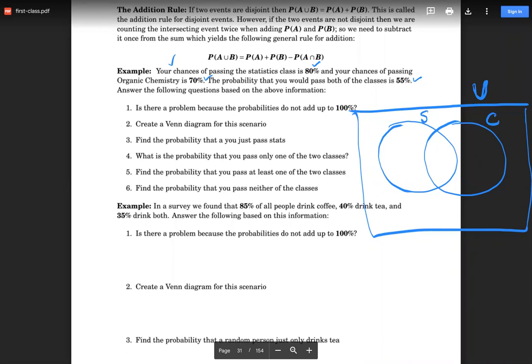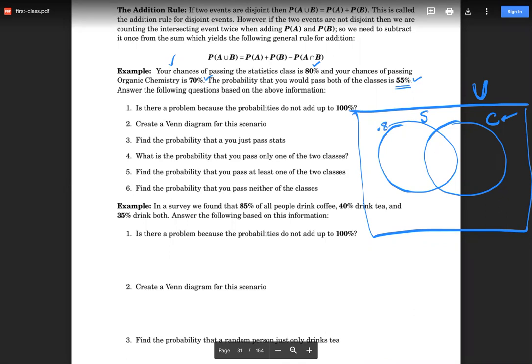So the big circle represents the event that you pass statistics, and the other circle, the C circle, represents that you pass chemistry. And there is an overlap between the two, which is 55%, they tell you, okay? So the left circle represents the probability that you pass statistics, which is 80%, so this should be 0.8.